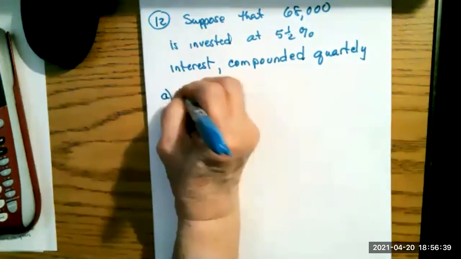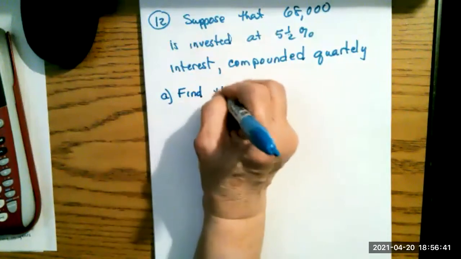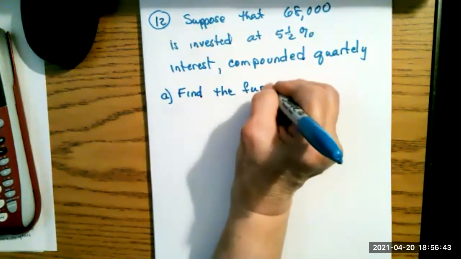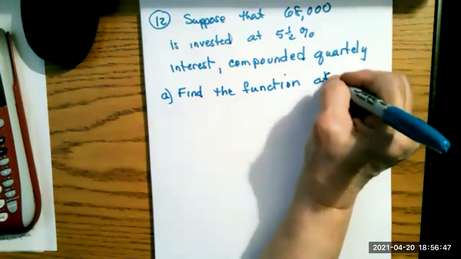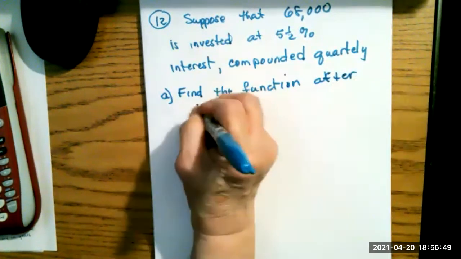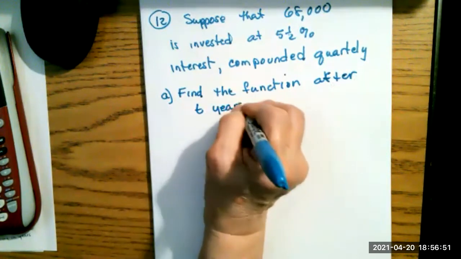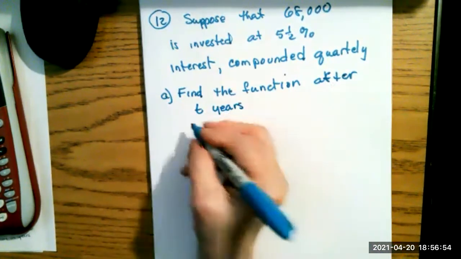A. Find the function after t years. That means you're just going to leave the t in there.